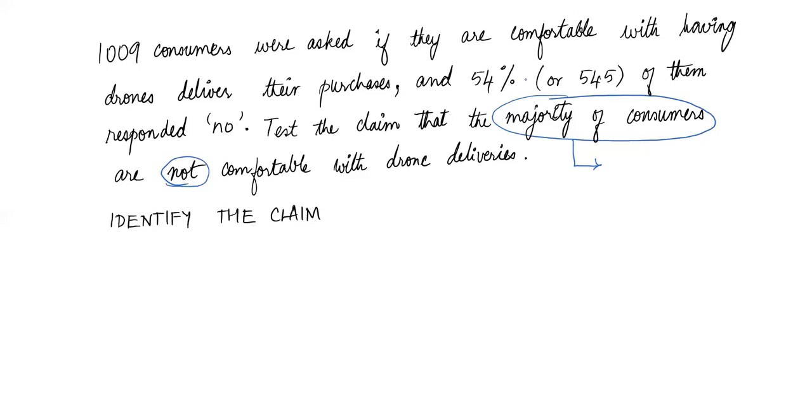For that, I first want to understand that this is population proportion. So the symbol for that is P with no hat or prime. Population proportion, P, indicates the proportion of customers who said no, right? Or who said they're not comfortable. So P is the proportion of all those customers or consumers.